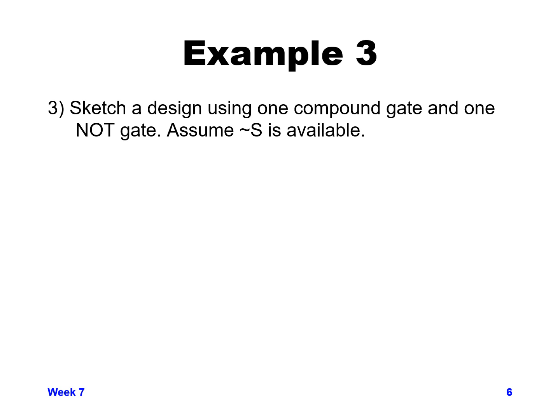Let's do a third example now. It says sketch the same logical function that we did for the previous two examples, but using a single compound gate followed by a single NOT gate. And again, assume that you have both S and S bar available. So pause here.